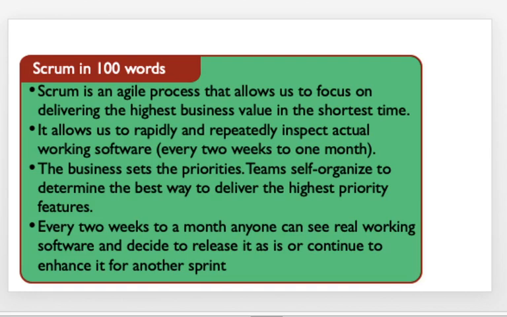So the team will self-organize itself and deliver the highest priority features every 2 to 4 weeks. So every 2 to 4 weeks, I will see real working software, and this is basically to make sure that the project is on track.